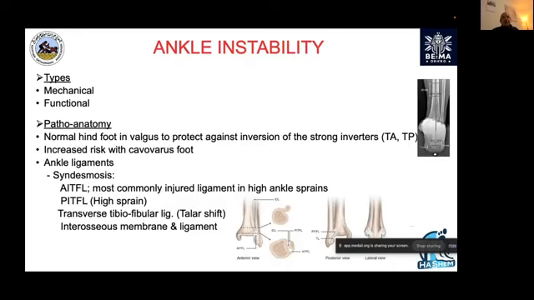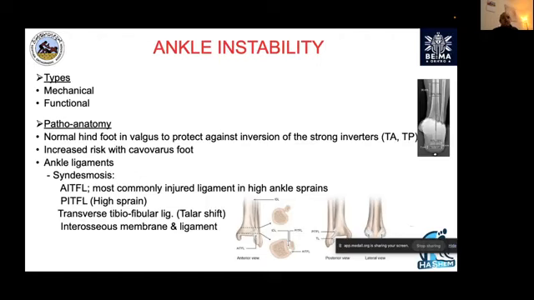If we speak about the pathoanatomy, we spoke about this before. We'll go through it quickly. Normally your hindfoot is in 5 degrees of valgus and goes into varus with the inverters. Why is it naturally in 5 degrees of valgus? Because basically your inverters are stronger than your everters. The inverters, which are the tibialis anterior and tibialis posterior, are normally stronger than the everters, which are peroneus longus and peroneus brevis.